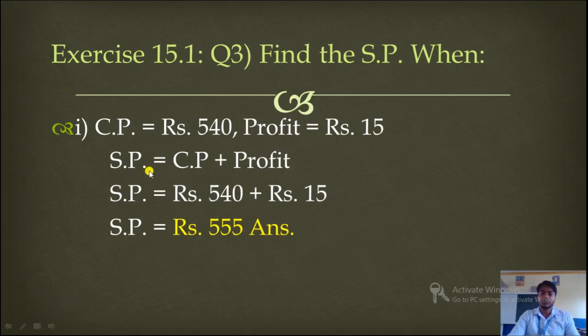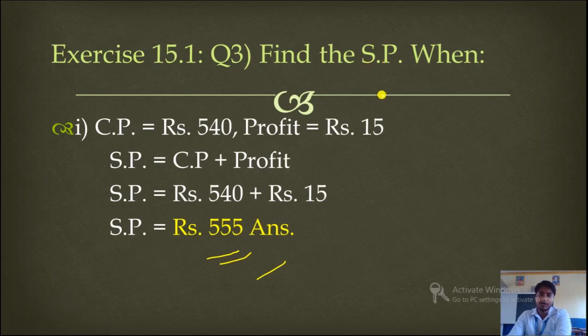Selling price is equal to CP plus profit. Selling price is equal to rupees 540 plus 15. When we add we'll get 555. This will be the answer. Understood?